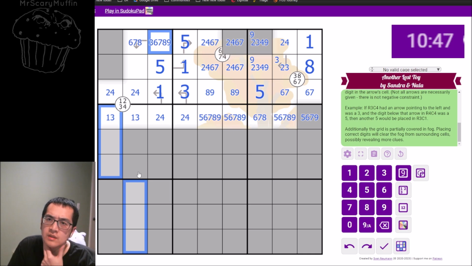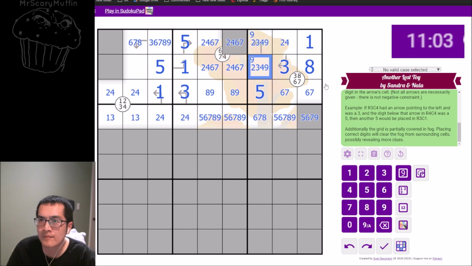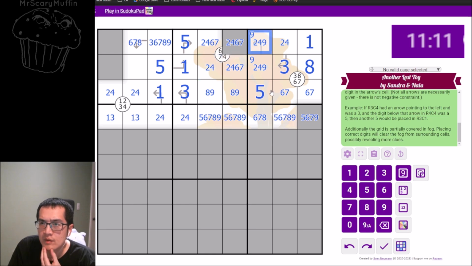So 3 would work still. 7, 8, or 9 could still be here. That's not a particular hindrance to the logic. Oh, here we go. I forgot the quad is 3. Okay, so now we know 2, 4 has to be here, so that's not 6, 7 anymore. Ah, we have another 2 thingy here, so it can't be a 9, so 9 is down here.